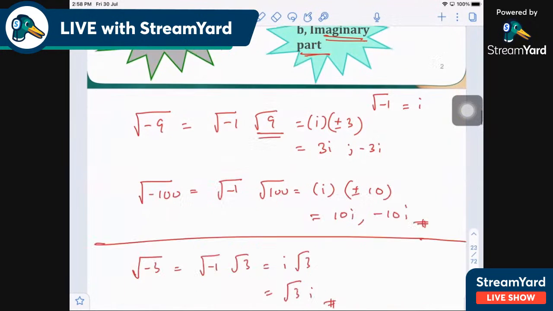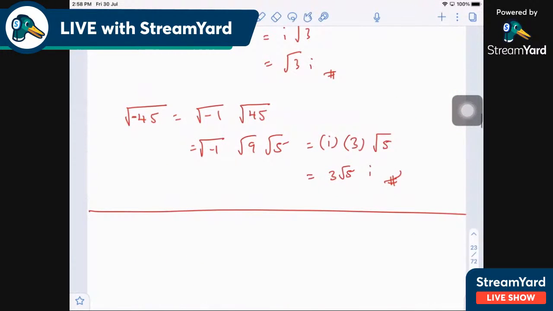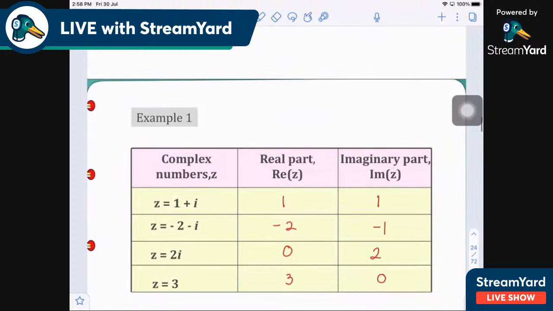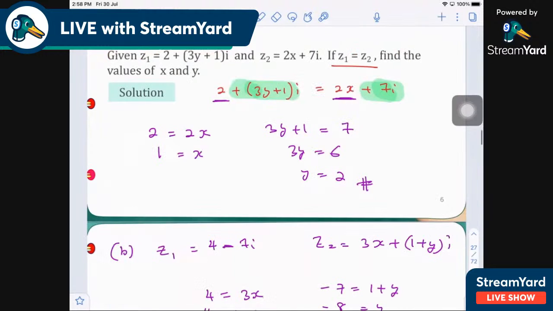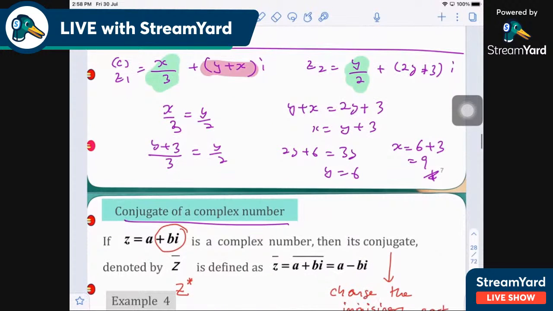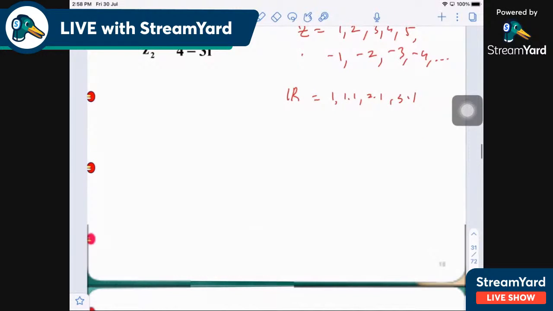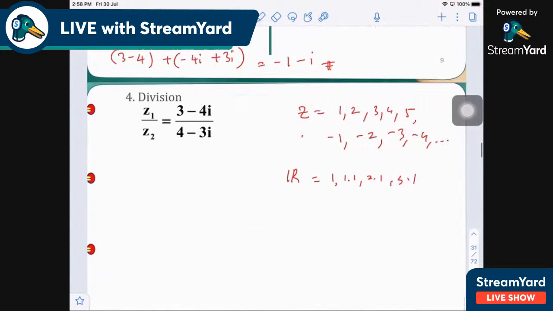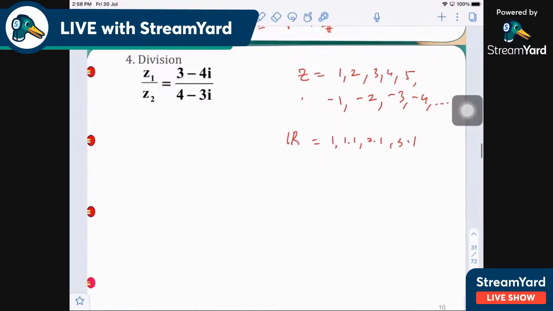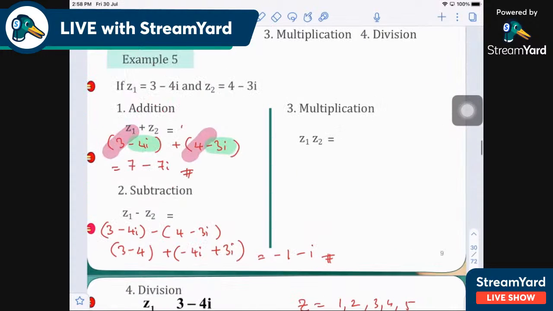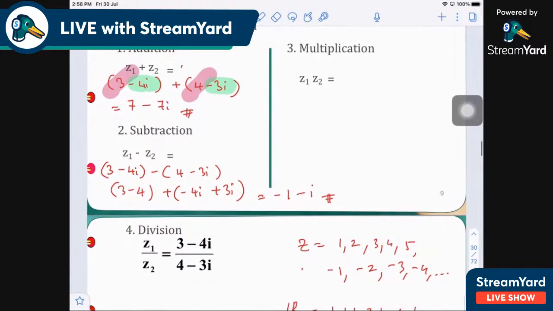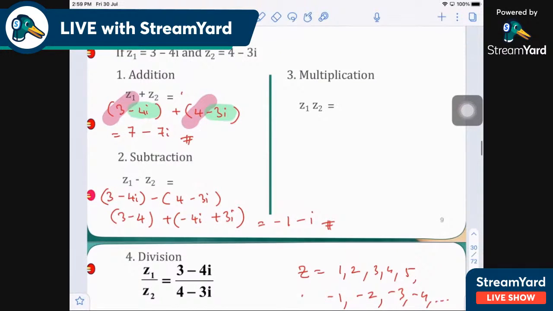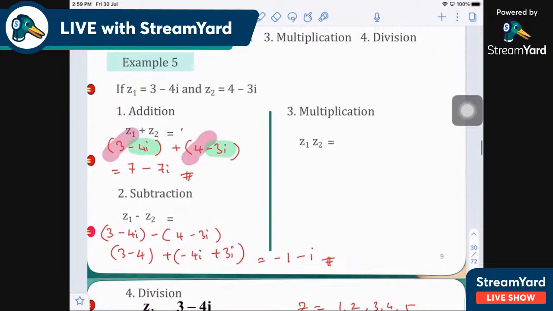Addition and subtraction finished. Now multiplication. So we will be starting from multiplication. You are welcome to join, no problem. Right now we have 100 of y'all here ready.